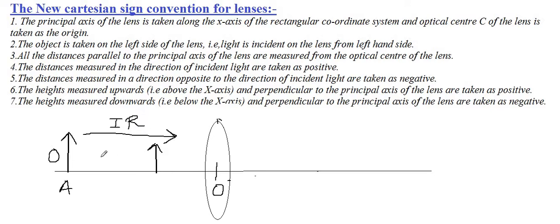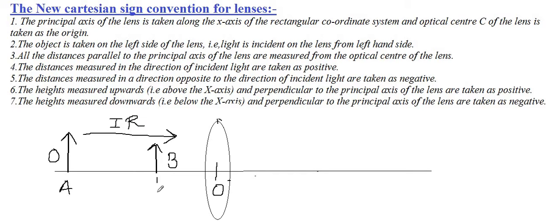Now suppose the image for this object A is formed at a new position at B, but in this case the image is formed in front of lens.